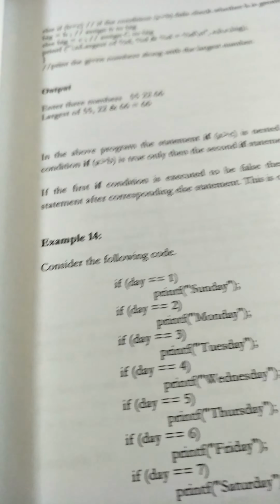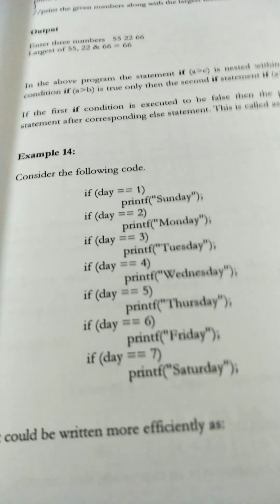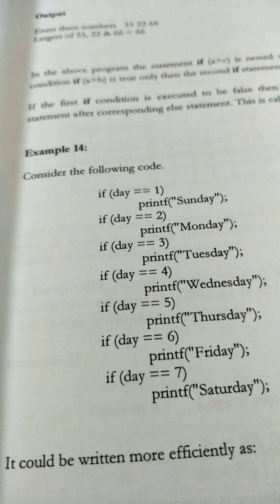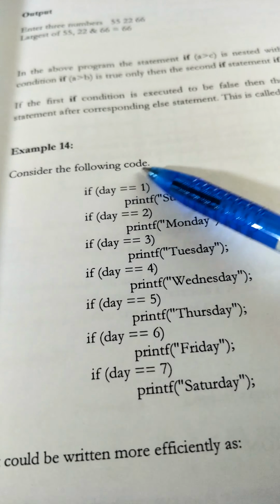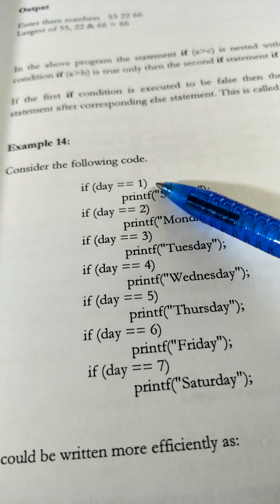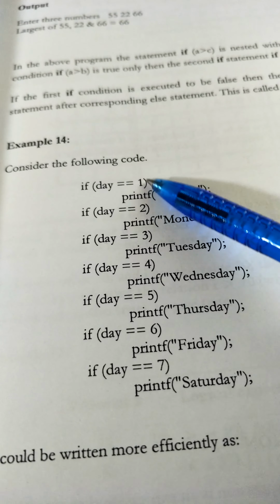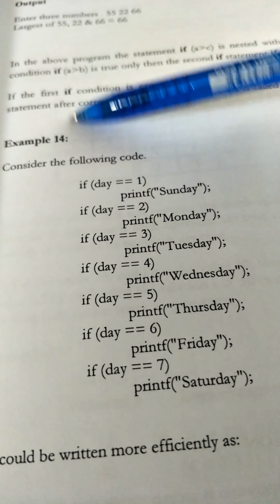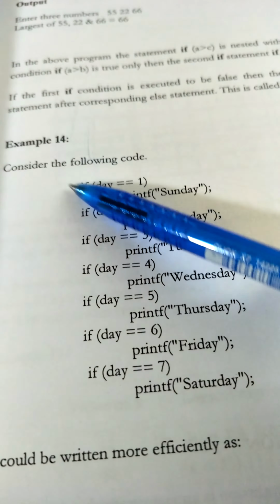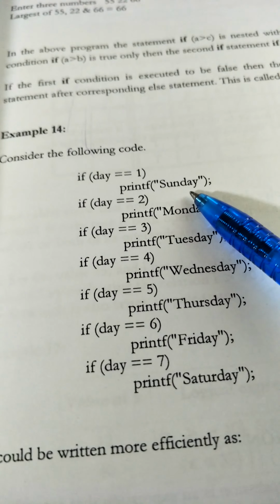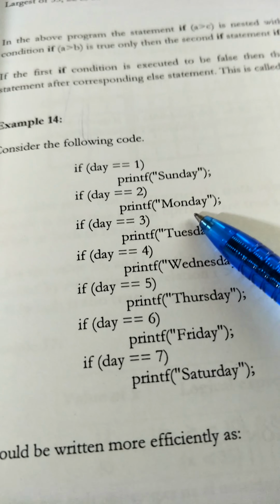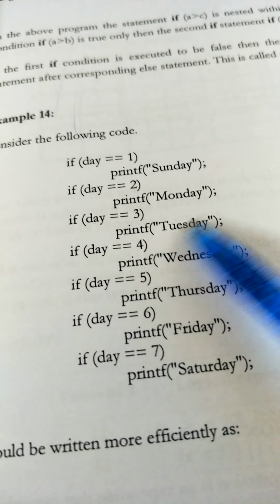Look at this another example. You have so many ifs there. If day equals 1, where day we defined earlier somewhere up there, then print Sunday. If day equals 2, then print Monday. Day equals 3, and so on and so forth.